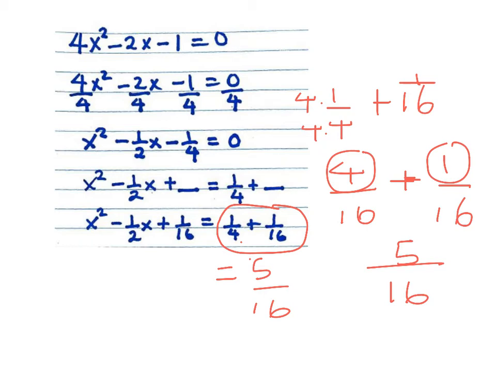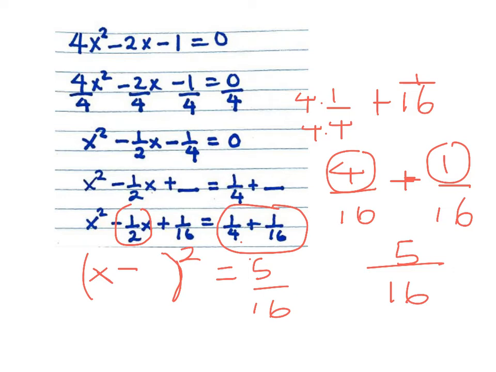That's the right side. The left side you have to convert to something squared like that. Now you have to remember that this is going to be x and it's going to be minus, and then we're going to take a half of a half. This is how you do a half of a half.